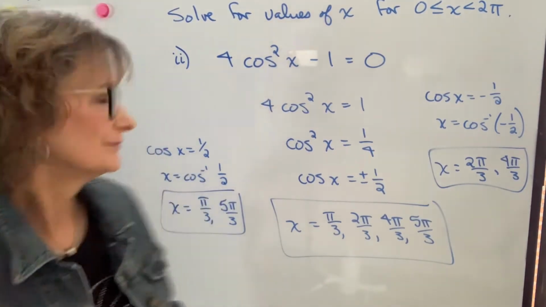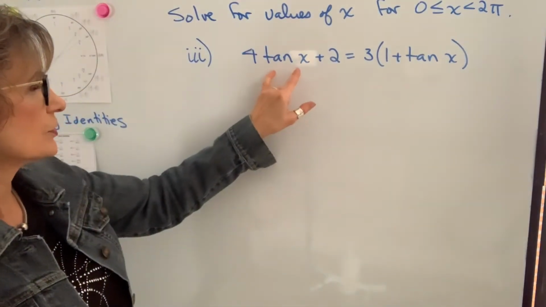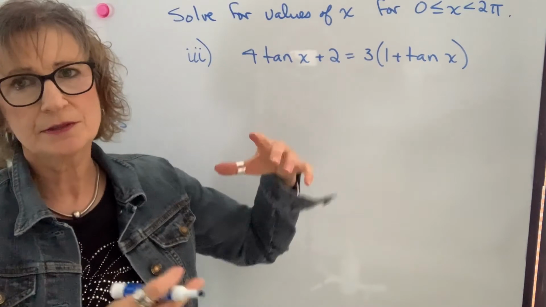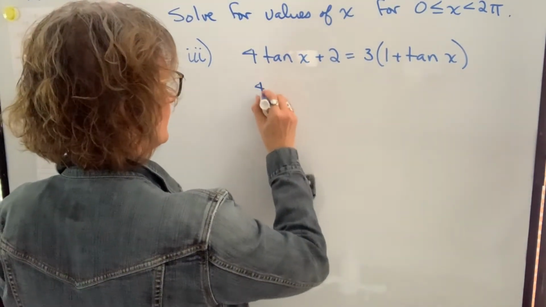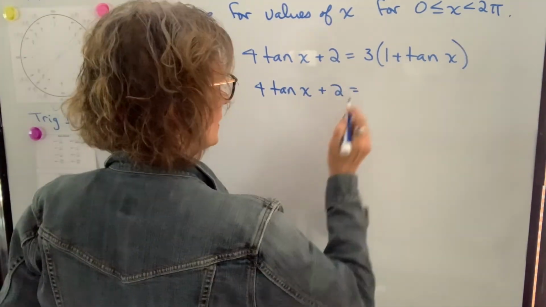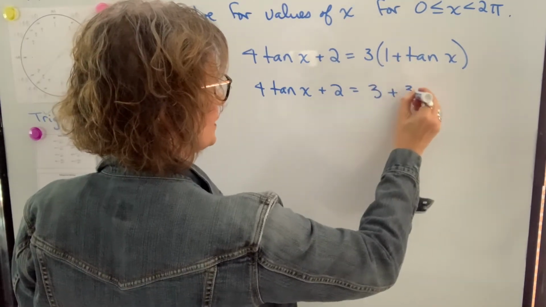Let's try some more. In our next example, we have a tangent function in more than one term. We also have some grouping symbols there. We've got parentheses, so let's get rid of those first. And then we're going to combine like terms. I distribute the 3. 3 times 1 is 3, plus 3 times tan x.